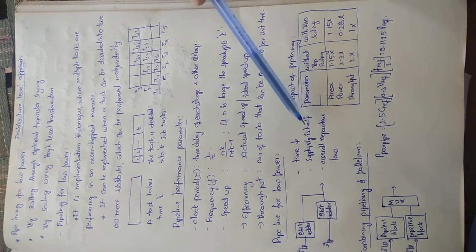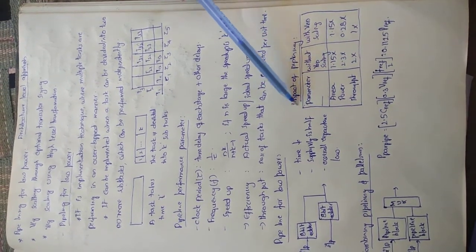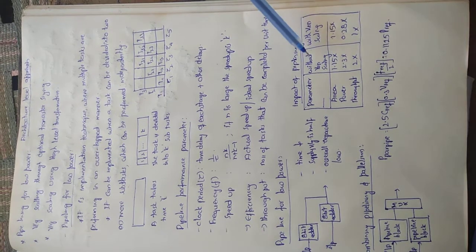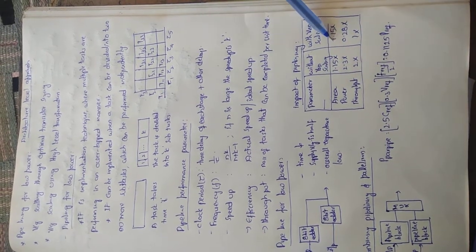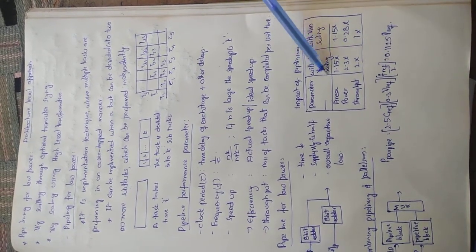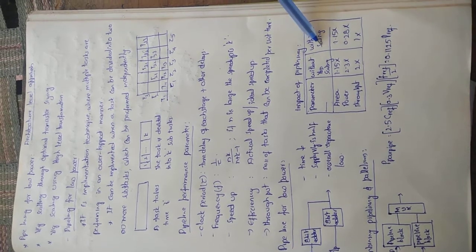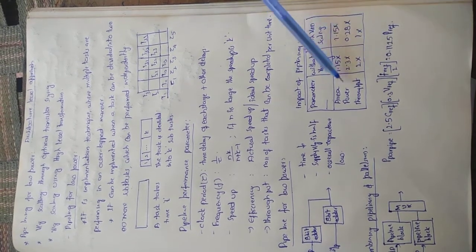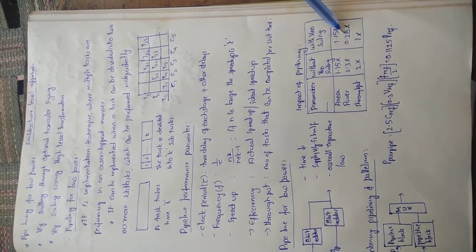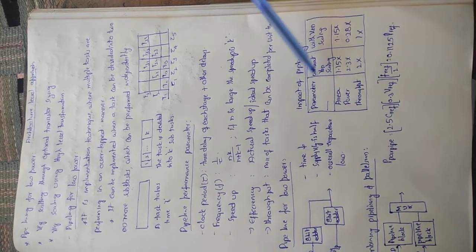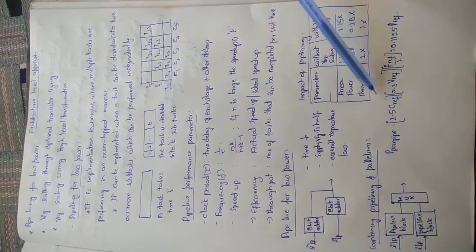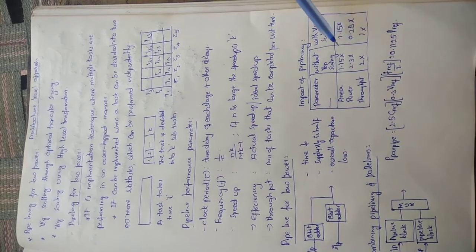Here we can see the impact. The area is going to be the same. This is without scaling, this is with scaling. With scaling we can see the power is only 0.28. So we can prefer pipelining according to our requirement.